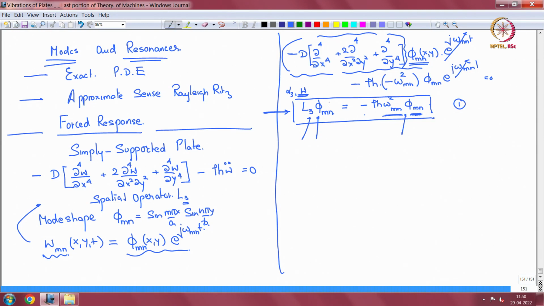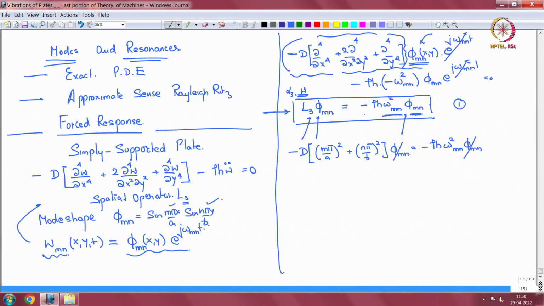The other is, if we actually put in the phi mn form, which is sine m pi x by a sine n pi y by b, then I get minus D times m pi by a whole squared plus n pi by b whole squared phi mn equal to minus rho h omega square mn phi mn.